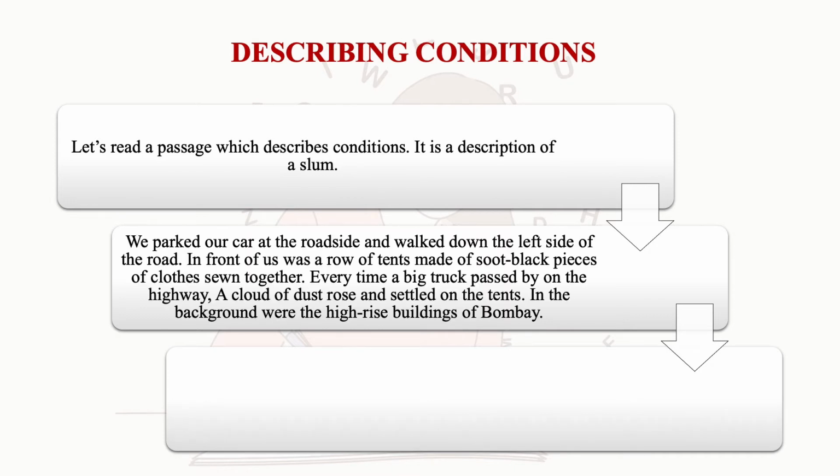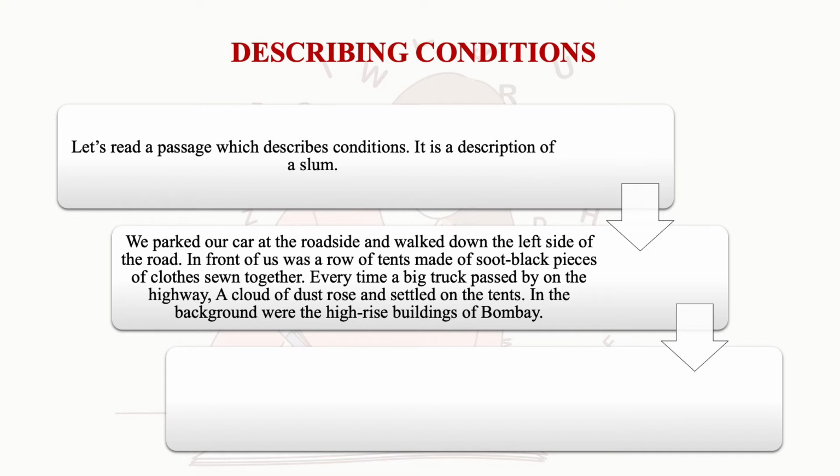The passage reads as: We parked our car at the roadside and walked down the left side of the road. In front of us was a row of tents made of soot black pieces of clothes sewn together.